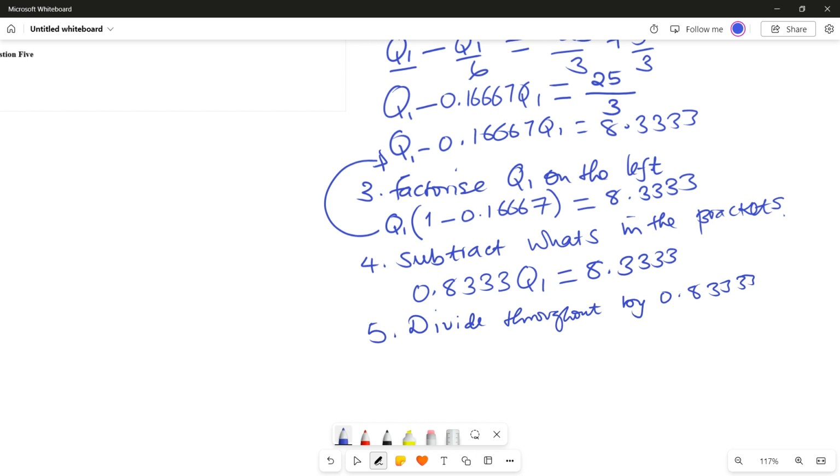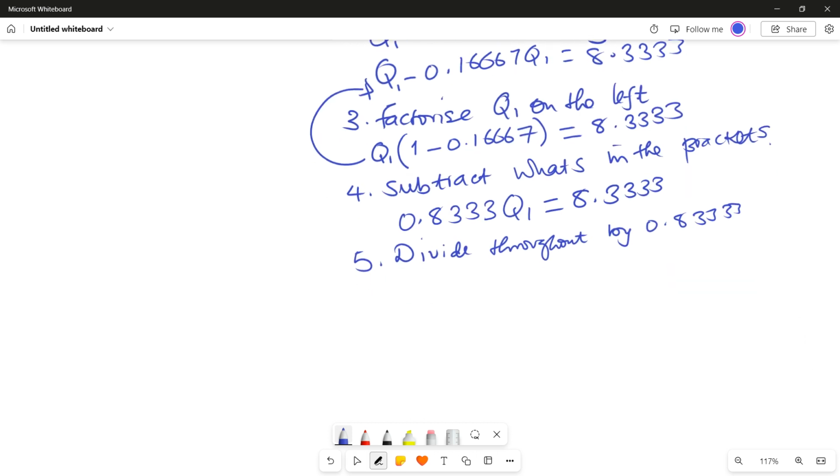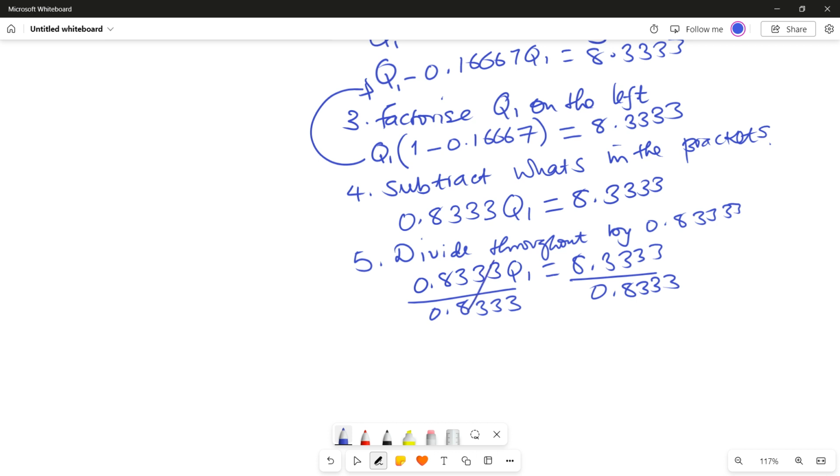So 0.8333 Q1 is equal to 8.3333. We divide this side by 0.8333, and this side also by 0.8333. We cancel those so that Q1 remains. Then we do the division.